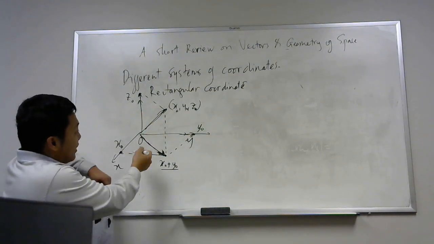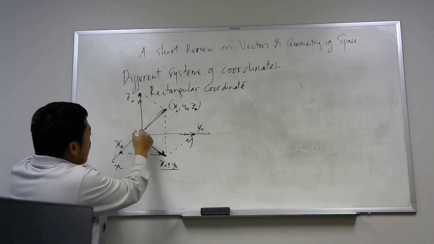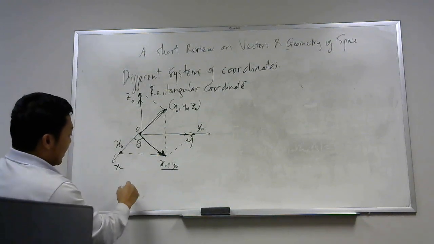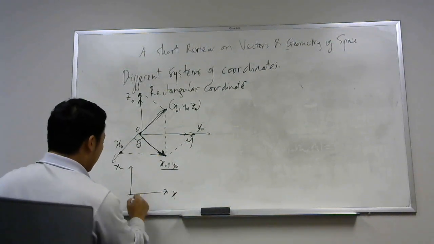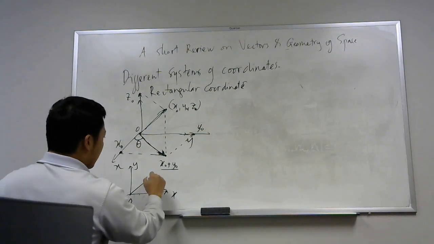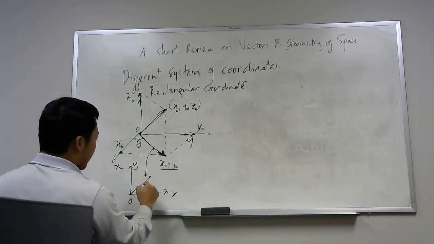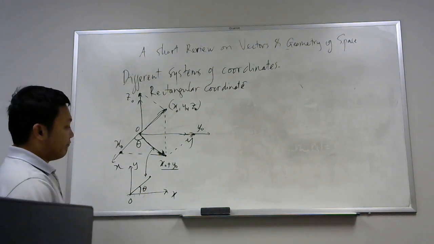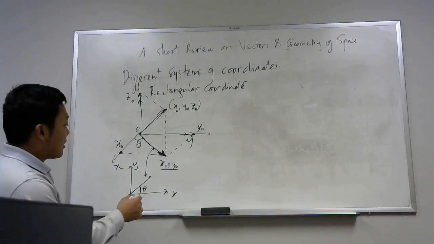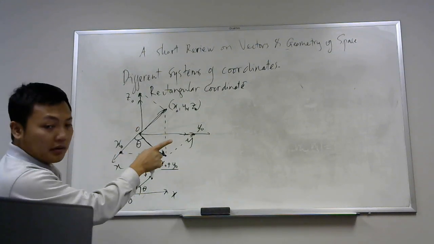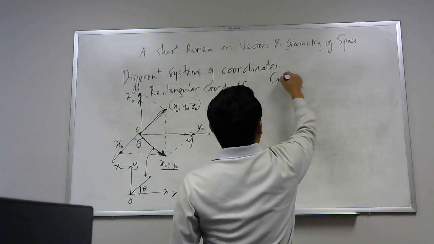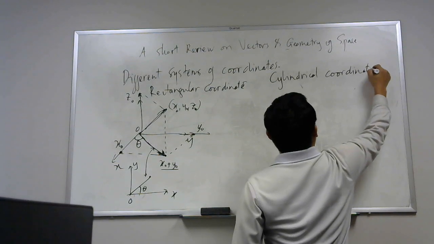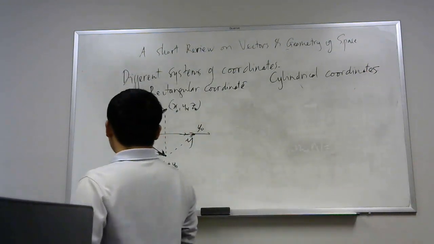But for example, if I want to involve some angle, I call this theta. Let me write x, o, and z, and y. This is this vector, and this is theta. So I want to involve theta, and I can translate from rectangular to cylindrical coordinates.